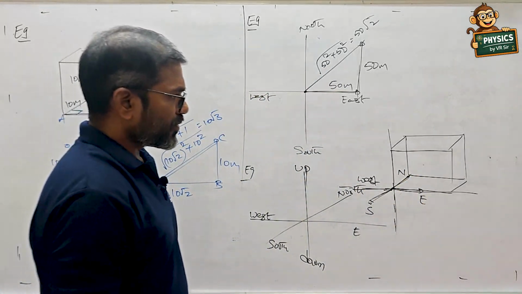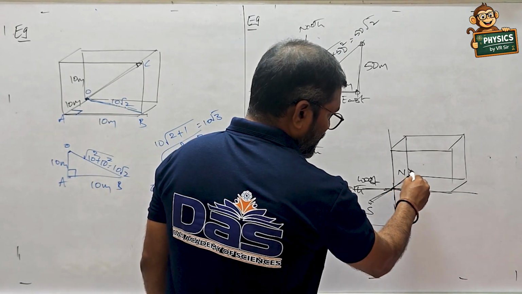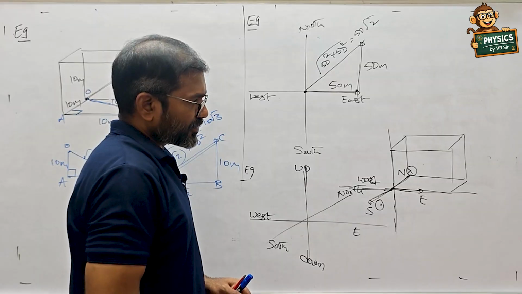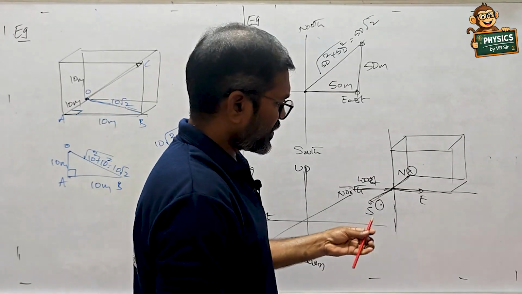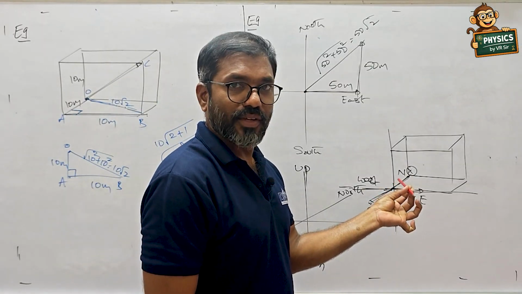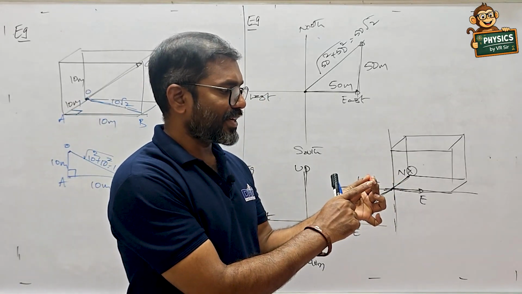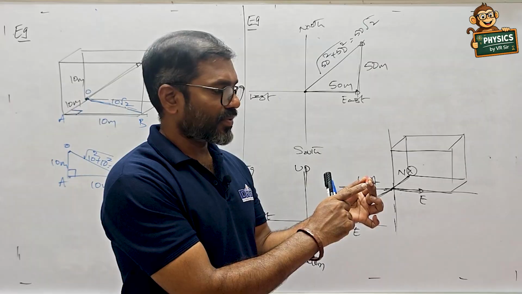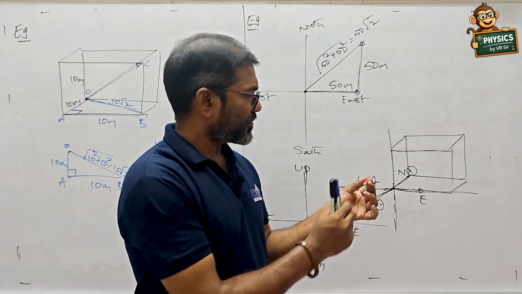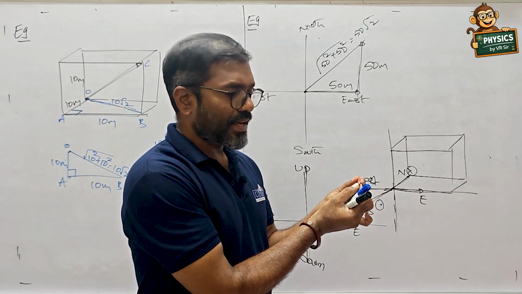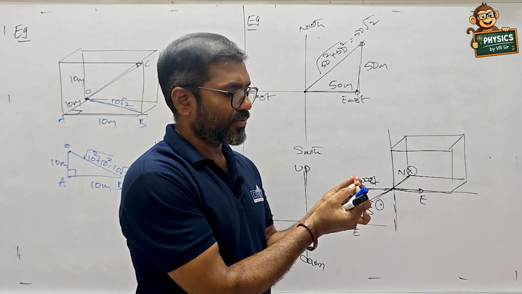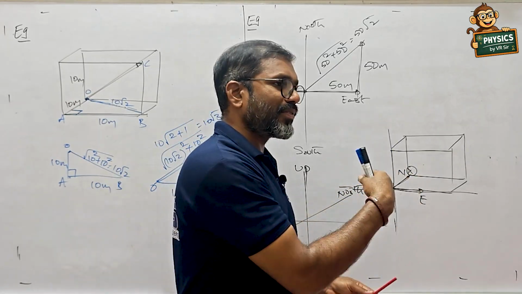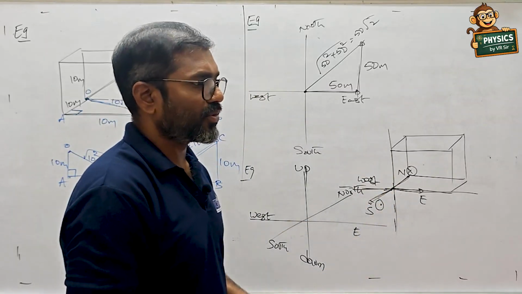Symbolically, we are representing this is into the board and this is out of the board. When the arrow is coming towards you, you feel like it is a point. It feels like it is coming towards you, and the cross is when it is moving away from you.